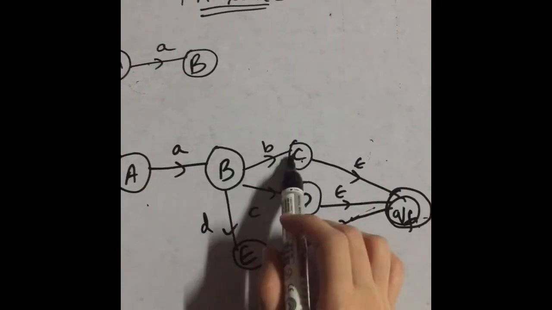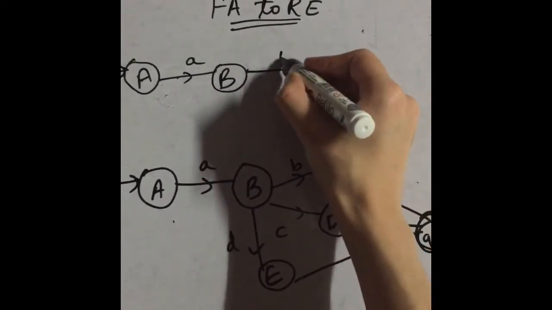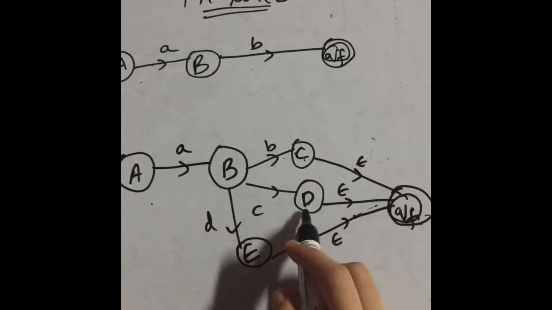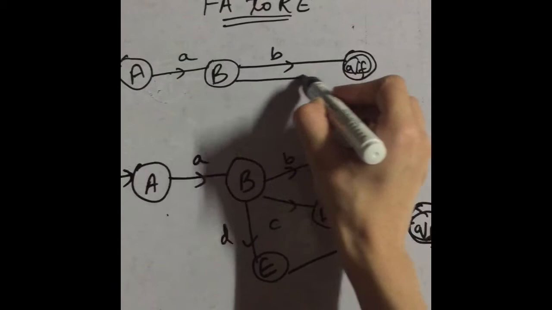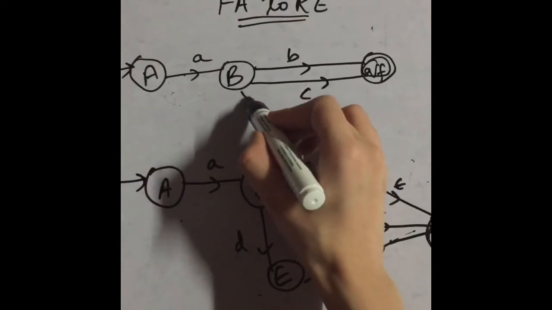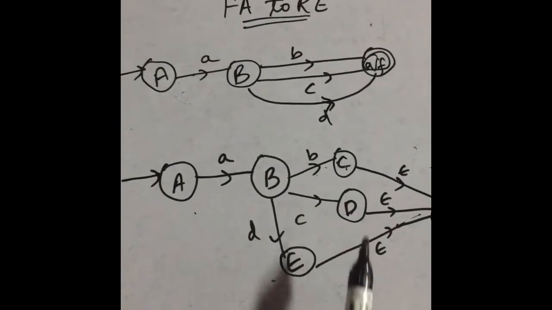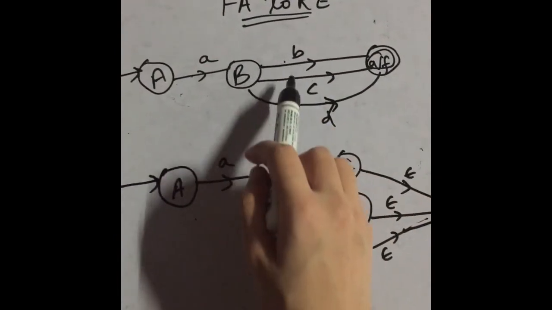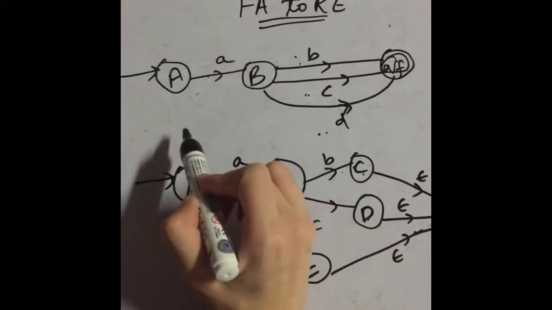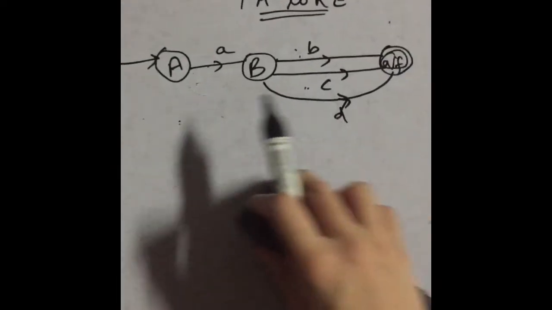B dot null, B dot epsilon is nothing but only B. So it is on B. Similarly, C dot epsilon is nothing but C. So there is another C, and D dot epsilon is nothing but D. So this is D. And after doing this, as we all know, it means either B or C or D. So we can also write it as B comma C comma D.